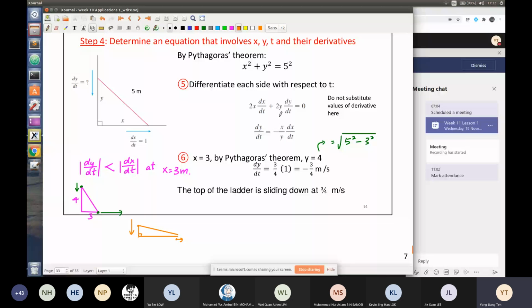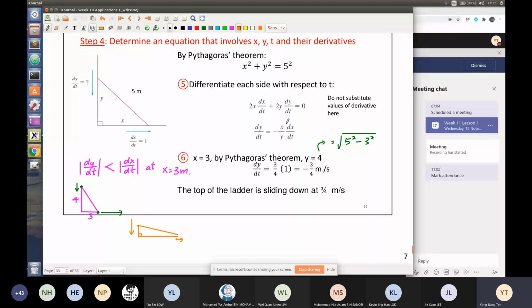Precisely because of this ratio here, you can clearly see when the magnitudes of the sliding are equivalent: when x and y are of equivalent dimensions. For example, in this triangle where your angle is 45 degrees, y is exactly the same as x, so this ratio becomes 1.